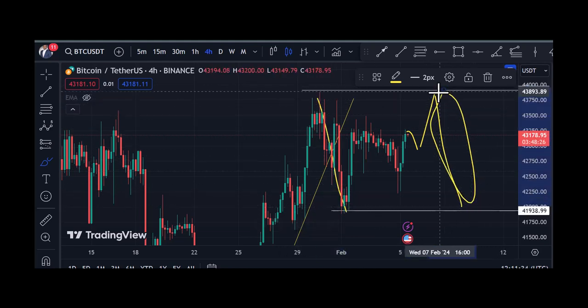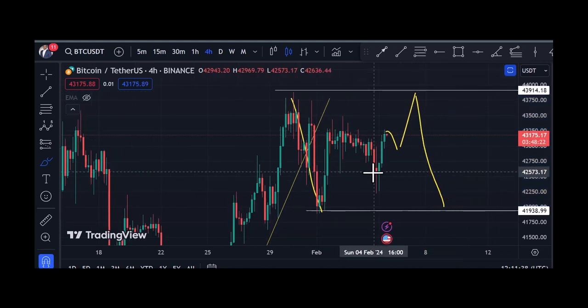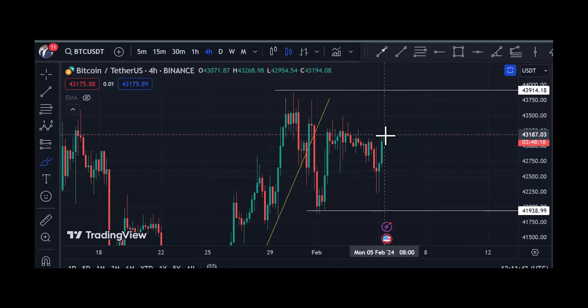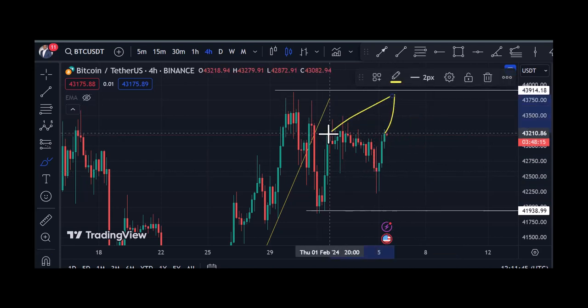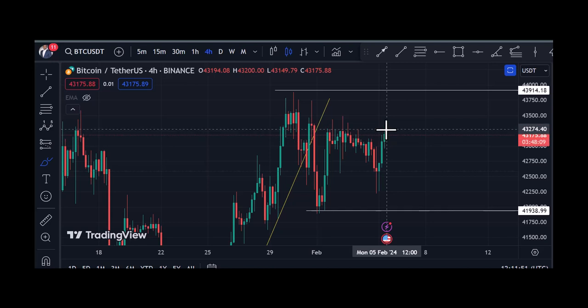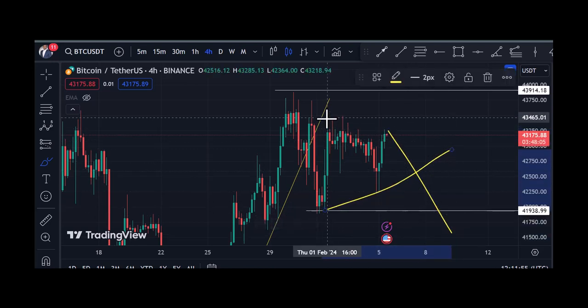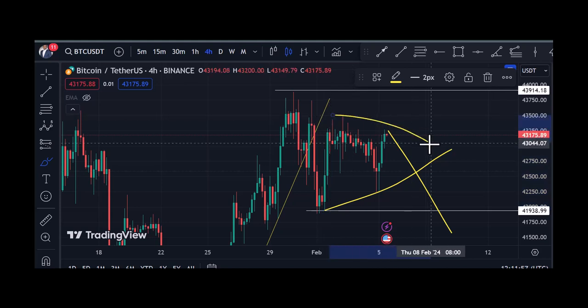We are waiting for this move to end so we can take that trade downward. For now, we are waiting for the market to either give us this to drop, or it drops from here. So let's wait for this break, guys, and see what the market will do.